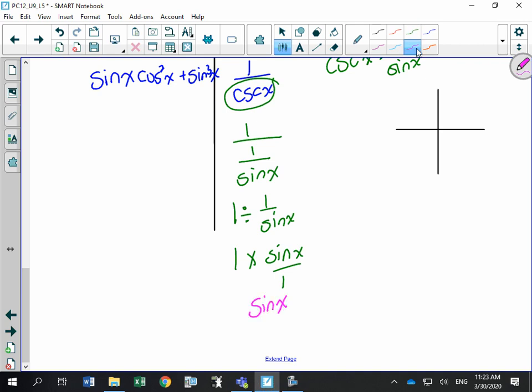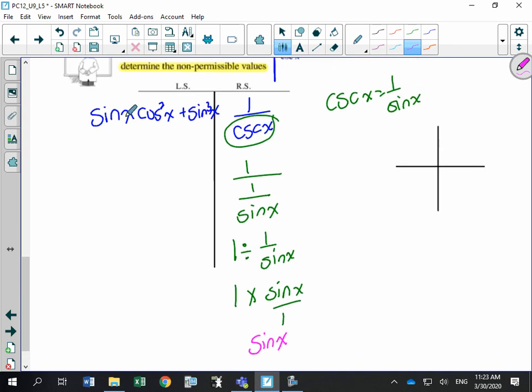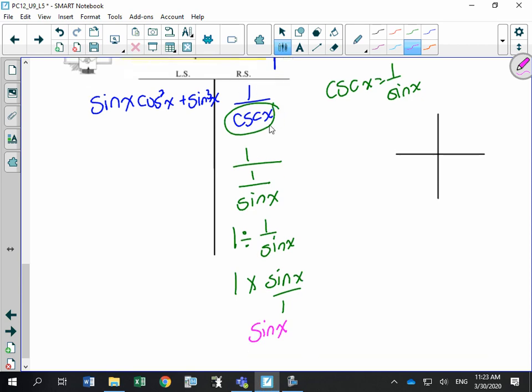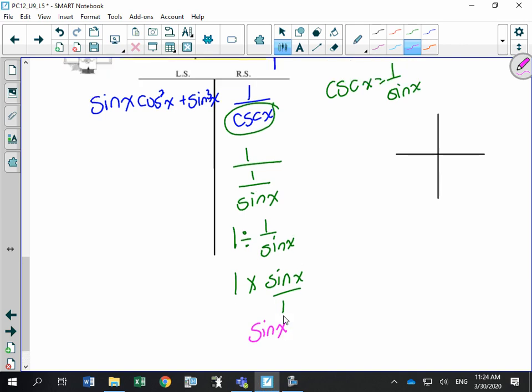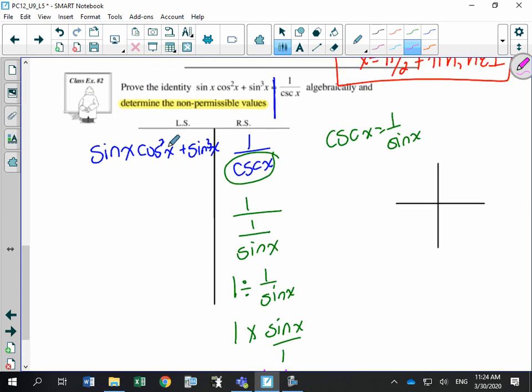And the reason why I write that is because now on the left-hand side, my goal is to either get to this 1 over cosecant of x, or I know that 1 over cosecant of x is the same thing as sine of x. So I need to get my left-hand side to be equal to either 1 over cosecant of x or the sine of x. Now, I don't have any identities in here like tan or cotan that I could rewrite in terms of sine and cos.